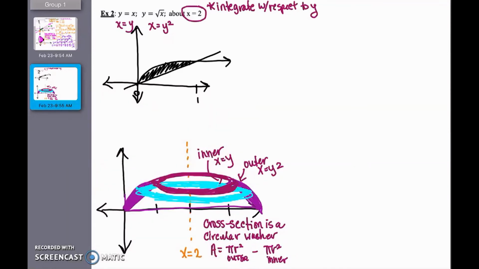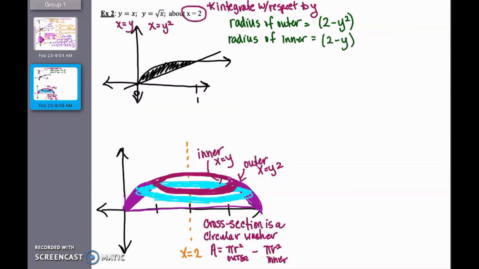So the radius of the outer function is going to be 2 minus my outer function, which is x equals y squared. So 2 minus y squared, that's the radius of my outer. And the radius of my inner function is going to be 2 minus y.